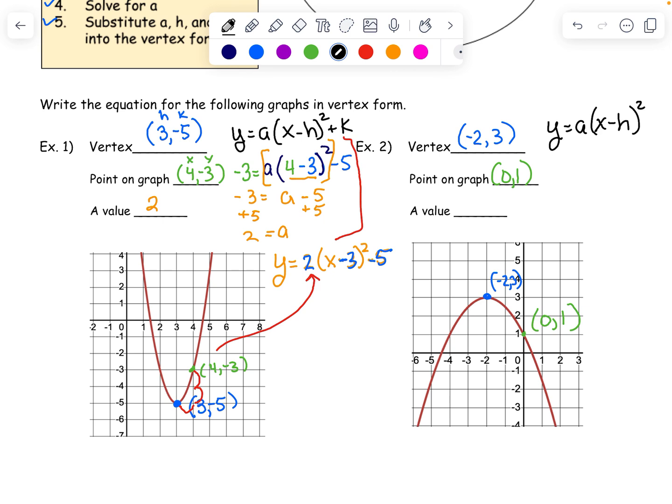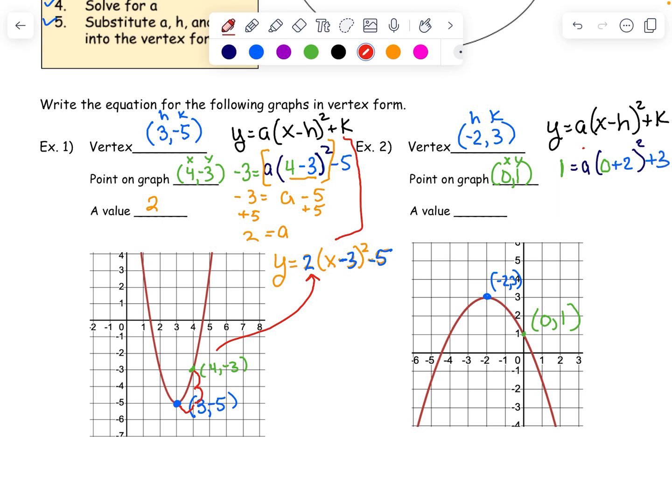So here's what we need. Okay, here we go. So we have, here's our x, here's our y, here's our h, and here's our k. So y, which is 1, right, is equal to a, and then we're going to have our x, which is 0, and then we put the opposite of our h in, which is a positive 2, and then our k, which is 3.